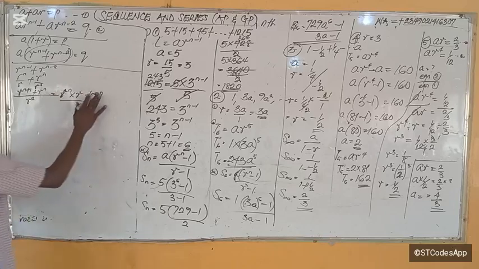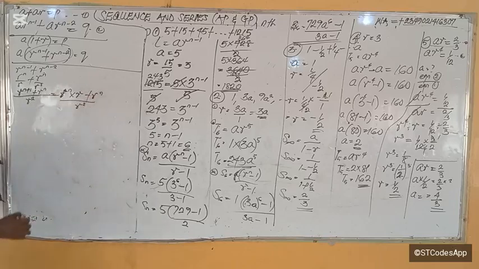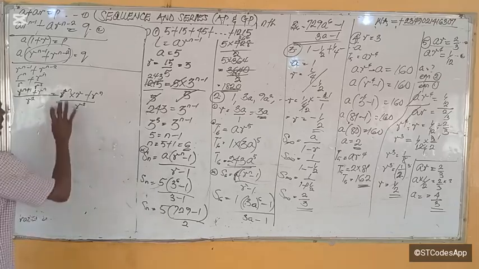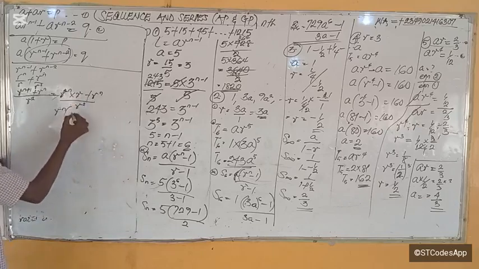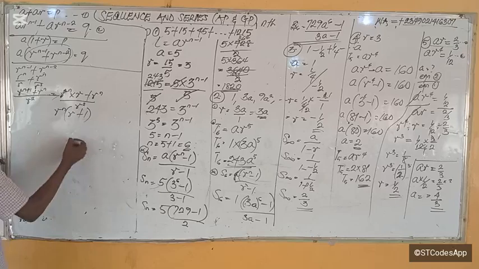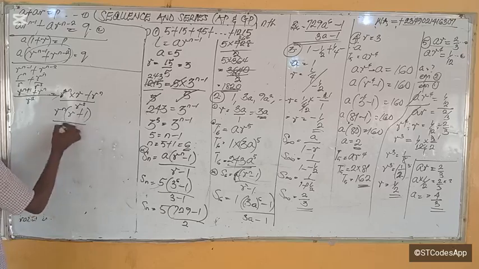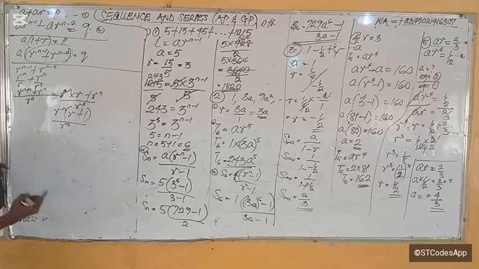This is my r. So from here, I can factorize r^n out. It will remain r plus 1 over r squared. I think something is coming out now.